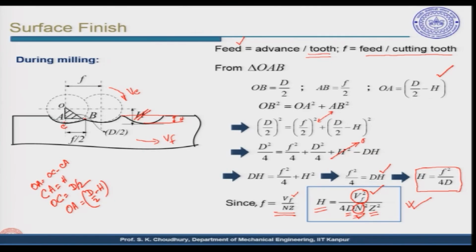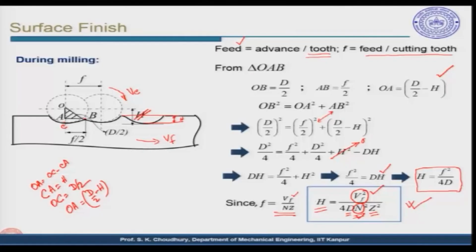Therefore, the only parameter left is the RPM of the milling cutter, and by changing the RPM you can change the surface roughness or the surface finish during the milling process. This is the basic idea behind this discussion: what parameters we can control to manipulate or improve the surface finish during the milling process.